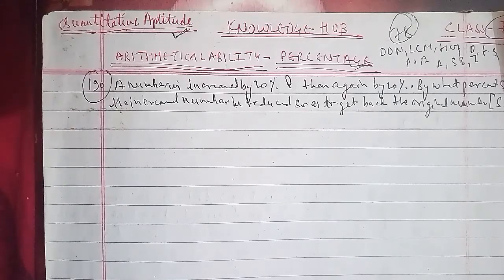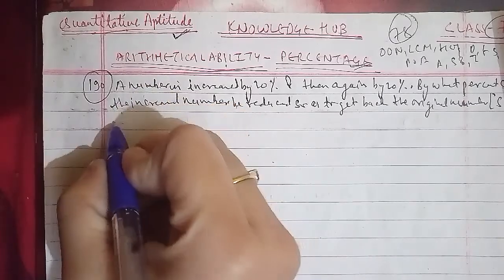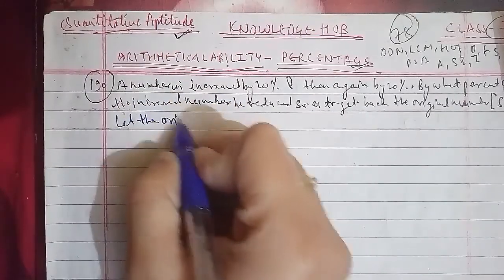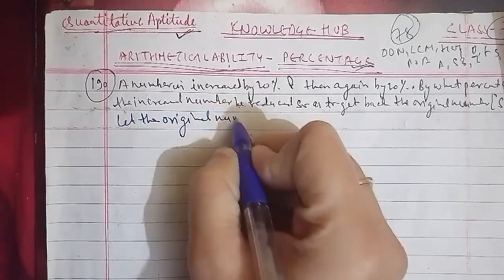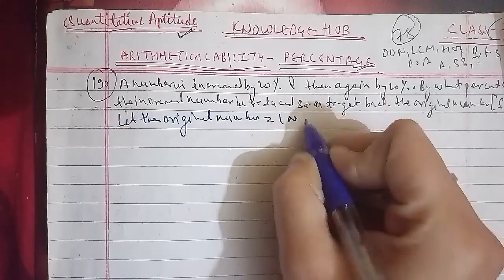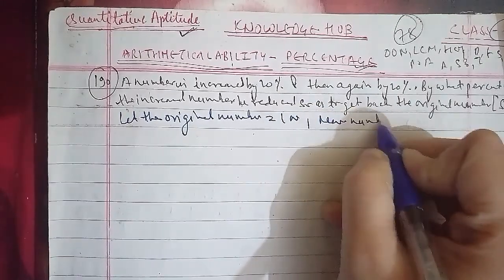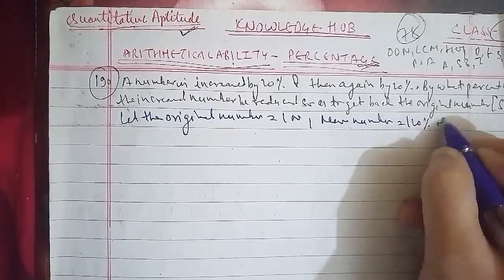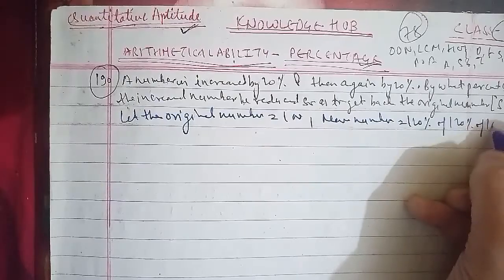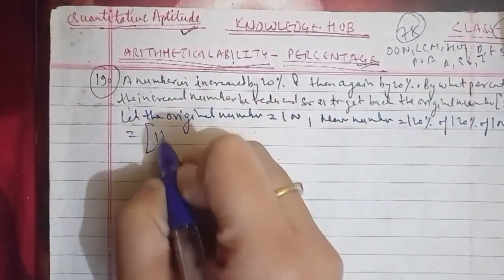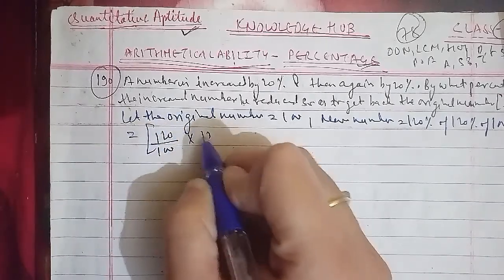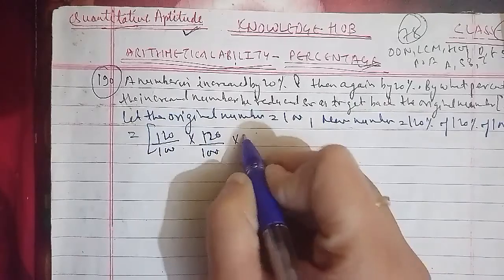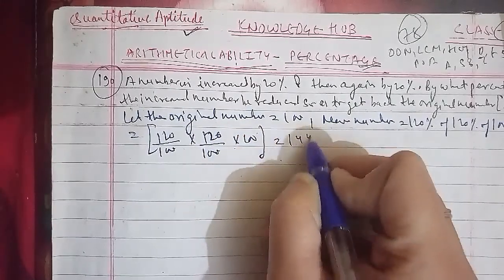Let the original number be 100. New number equals 120% of 120% of 100, which equals 120/100 into 120/100 into 100, equals 144.